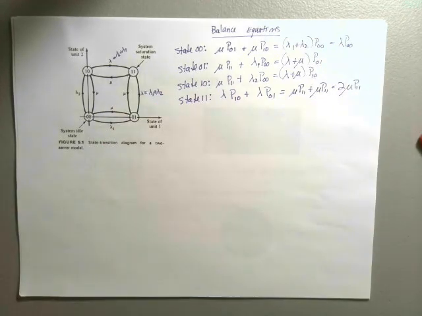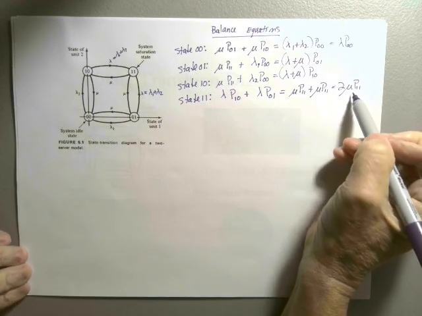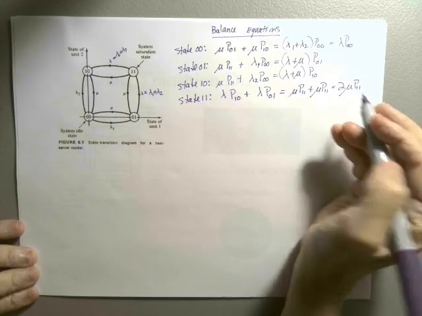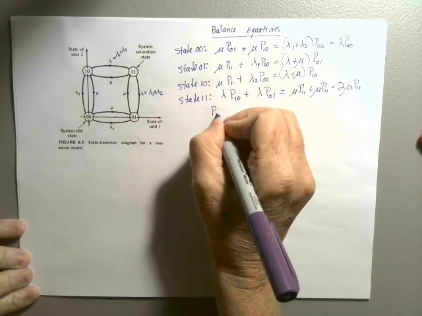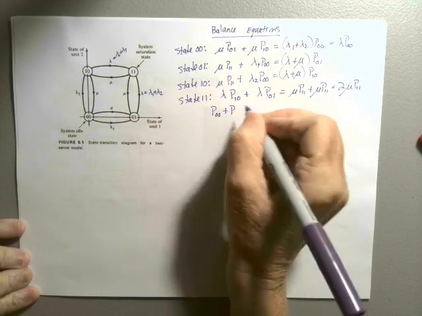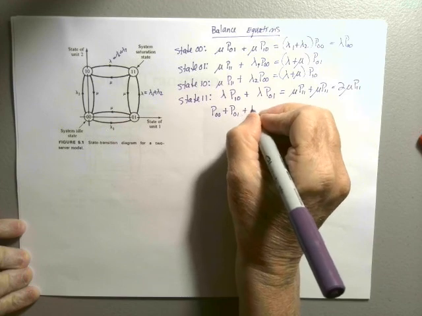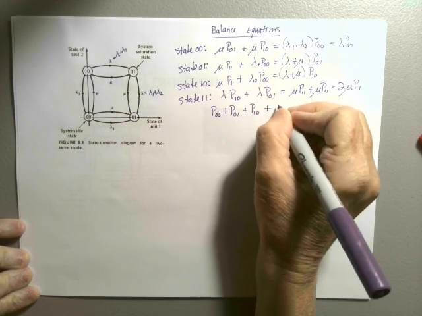When we have both of our servers busy, the rate at which we can fully transition out is going to be twice my service rate, so that shouldn't be surprising. And then we also have that the sum of all of my probabilities here has to equal 1 as usual.